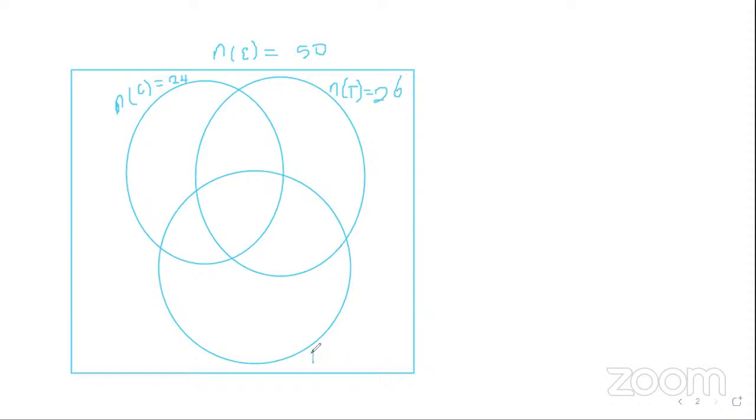And below we have number of volleyball equals 29. And we have been told 9 play both chess and volleyball. We represent them there. Those are 9.